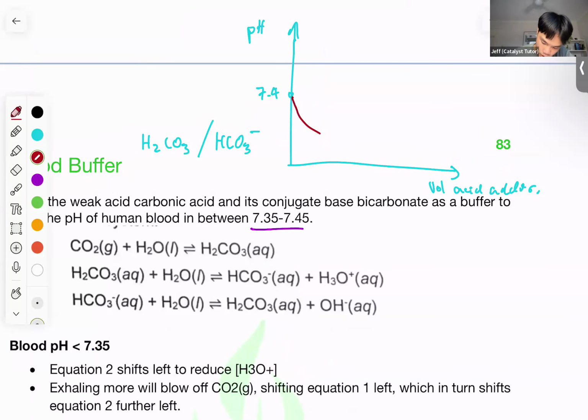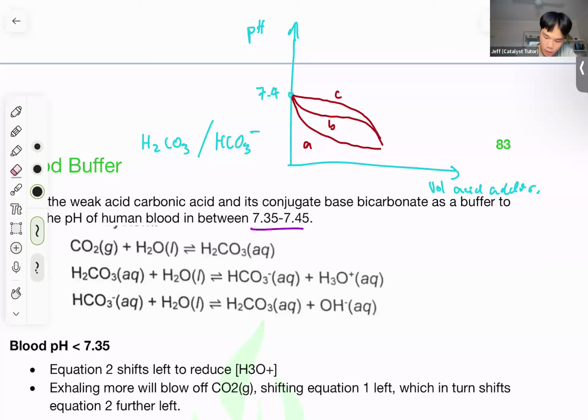Does it do this? Does it do this? Or does it do this? A, B, or C? A, B, or C? Okay. We've got mostly C's.